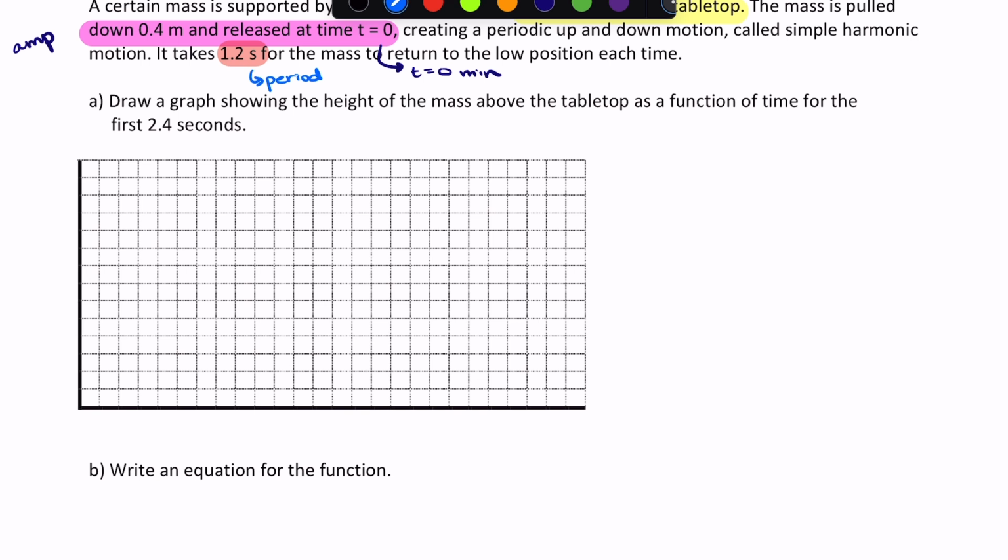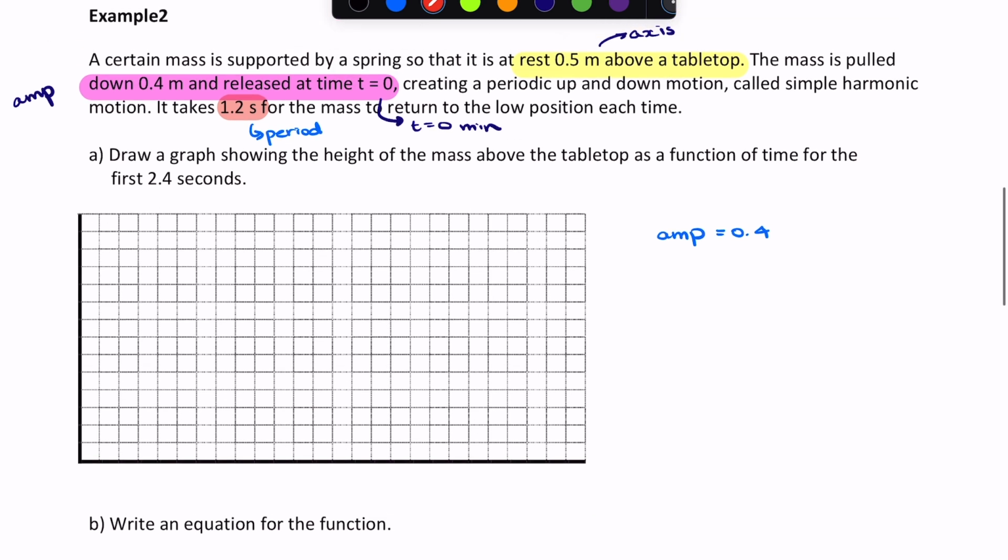So here again, our amplitude is equal to 0.4. Our axis, here we see that it's at y equal to 0.5. Our period is again that 1.2 seconds.